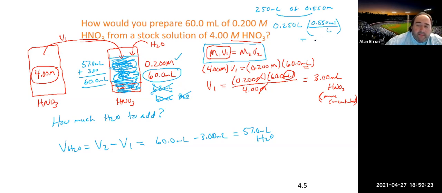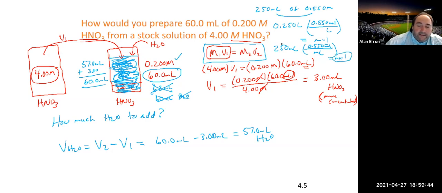And that will give me moles. If I didn't convert it to liters in that problem, I would end up with not moles, but millimoles. And you never usually want millimoles in most calculations that you do.